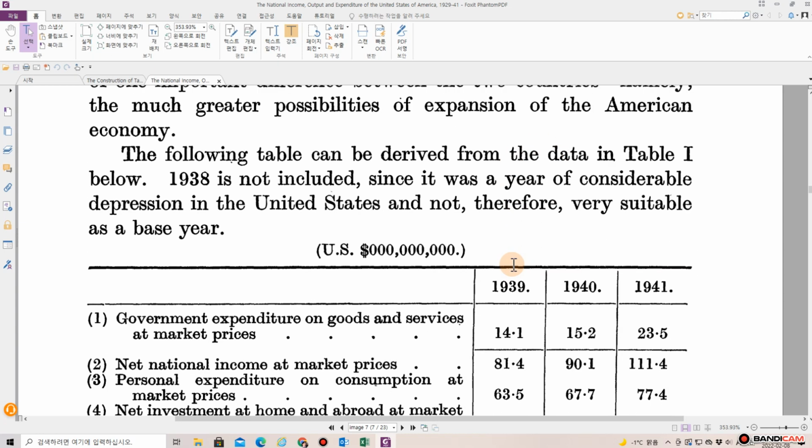The following table can be derived from the data in Table 1 below. 1938 is not included since it was a year of considerable depression in the United States and not therefore very suitable as a base year.